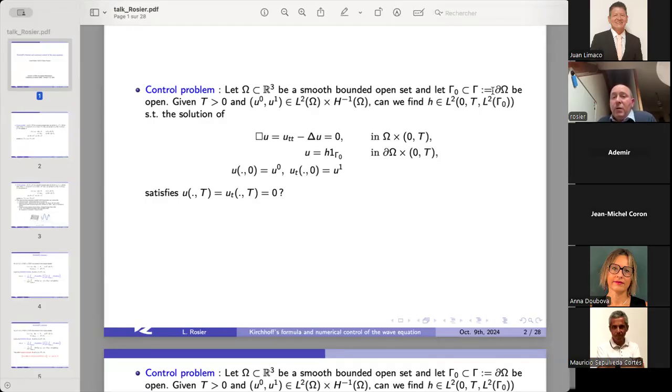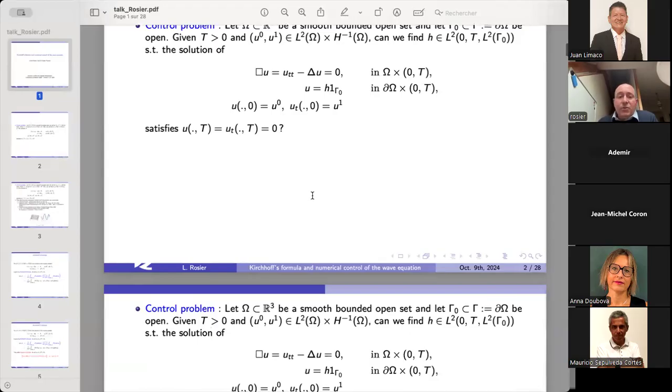We denote by gamma the boundary of omega, and we have a subset of gamma denoted by gamma 0, on which we have some active control. Elsewhere, u is 0. The issue is, starting from u0, u1, is it possible to arrive at 0 at time capital T? This is classical null controllability of the wave equation, which is equivalent to exact controllability due to the fact that the equation is reversible.